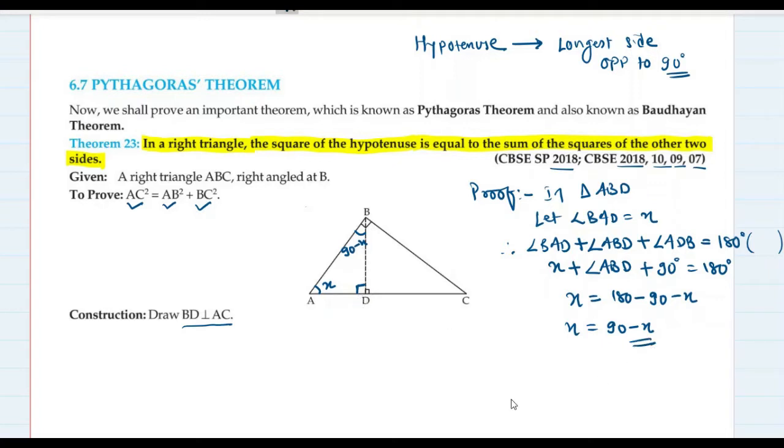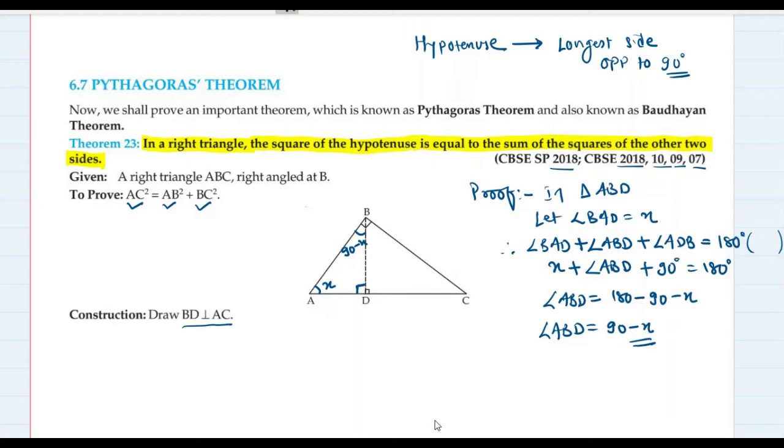Okay, wait, there is some mistake. I should write over here angle ABD, not x. Angle ABD is 90 minus x. So now I know that angle ABD is 90 minus x.